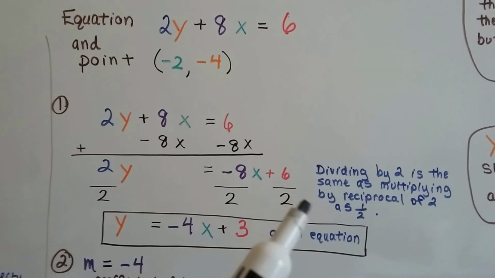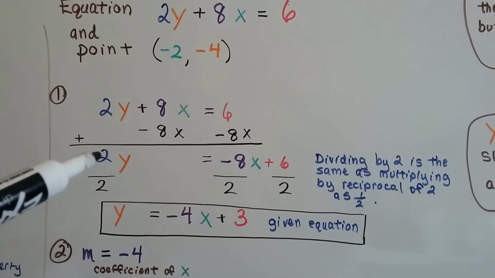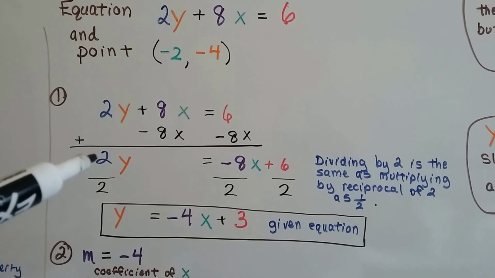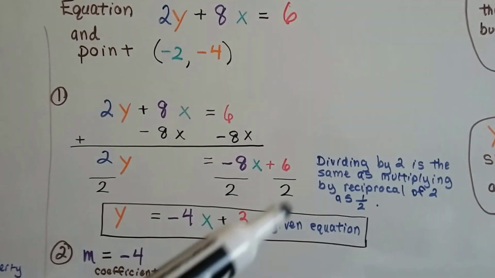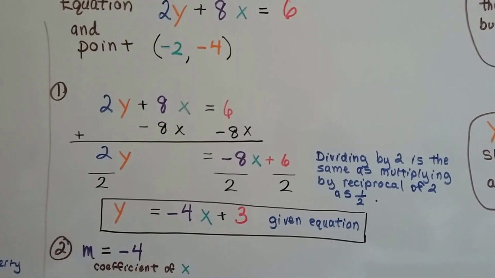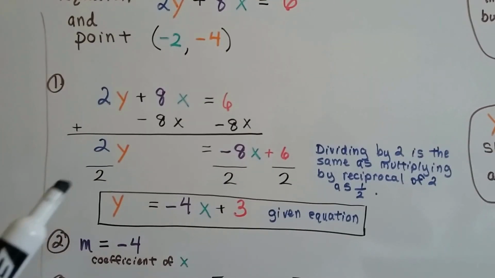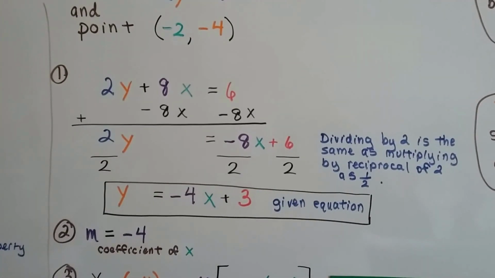Now, dividing by 2 is the same as multiplying by the reciprocal of 2, which is 1/2. So you may use the reciprocal of 2 as a half and multiply each term by that, or you could go quicker and just divide each by 2 because there's no fractions in here. Using the reciprocal is easier when there's fractions, isn't it?